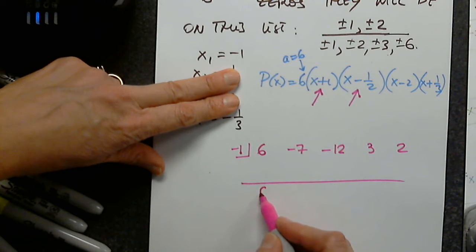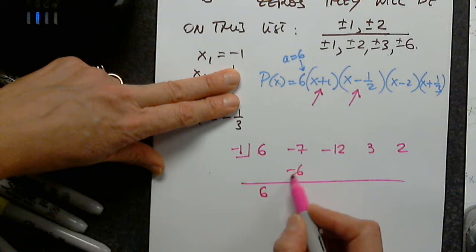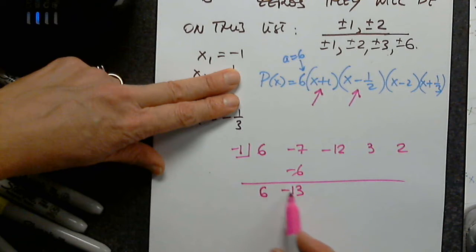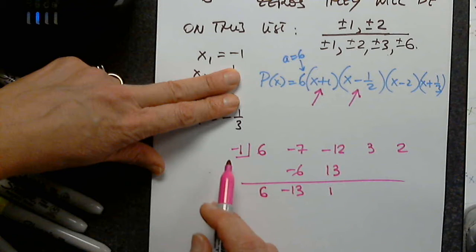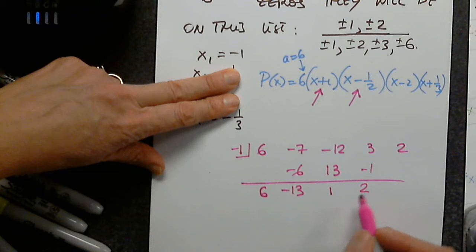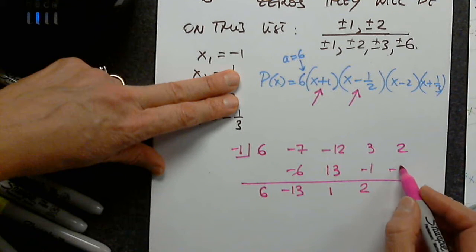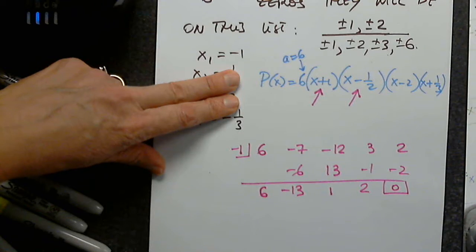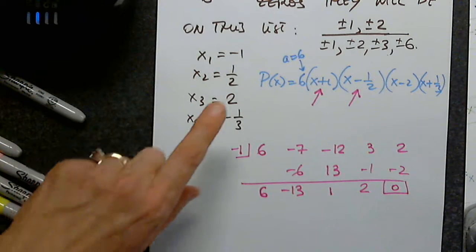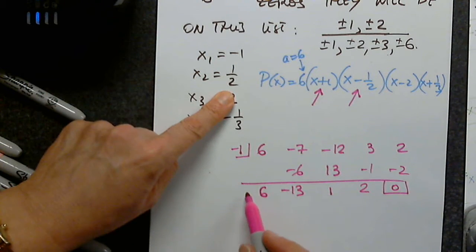So 6, -13, 1, 2. What should the remainder be? 0. Of course, because I know that x plus 1 is a factor. Okay, and -2, and I have 0.